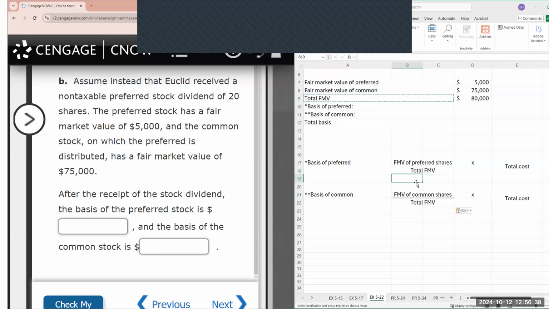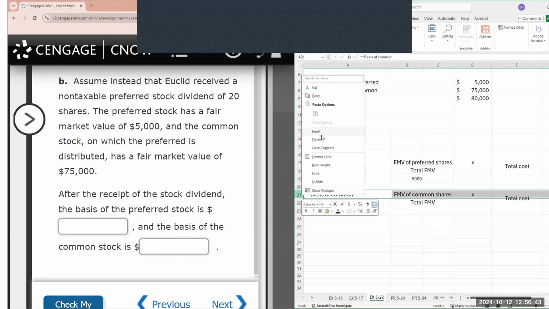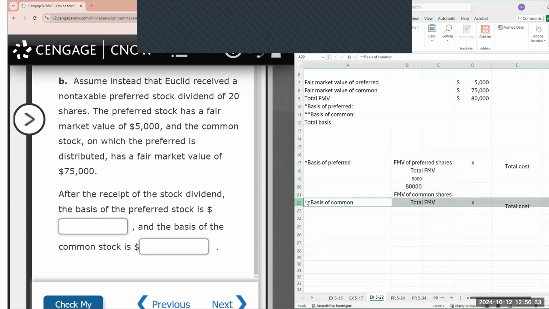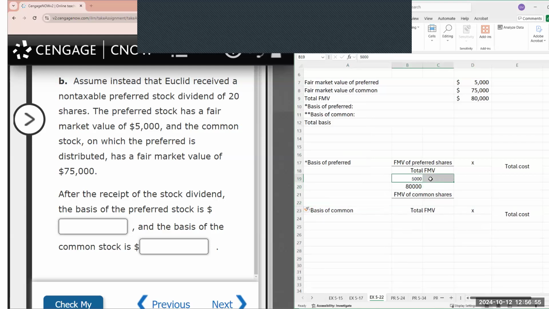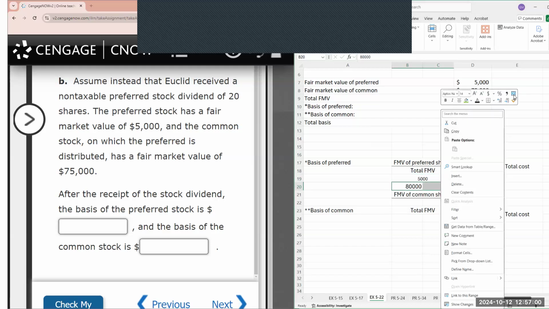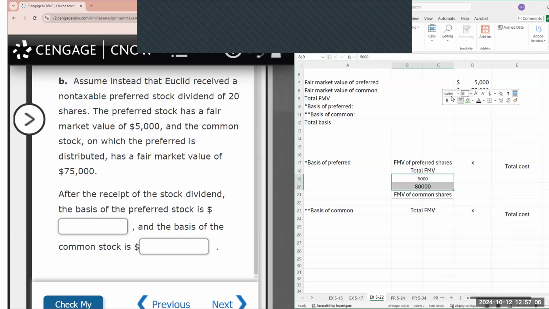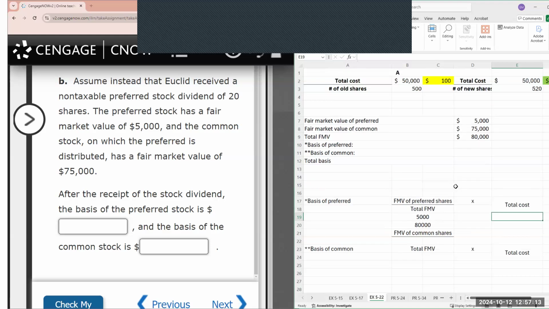The fair market value of the preferred shares, in this case, is 5,000, and the total fair market value is 80,000. So 5,000 divided by the 80,000, and then multiplied by the total cost, which in this case, as we know, is 50,000.